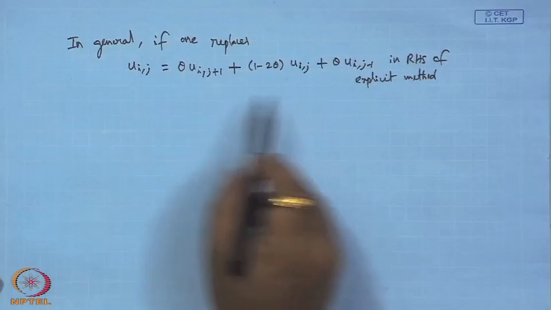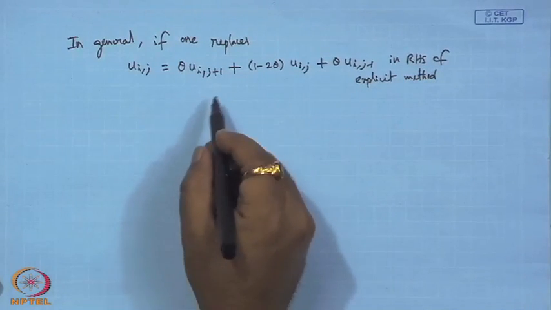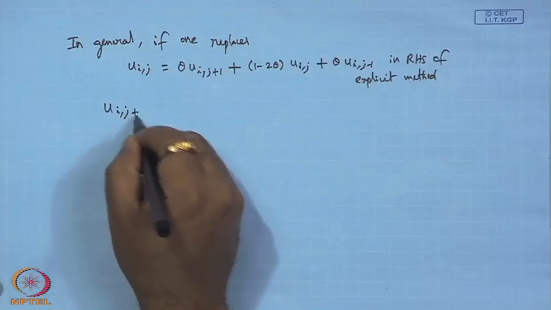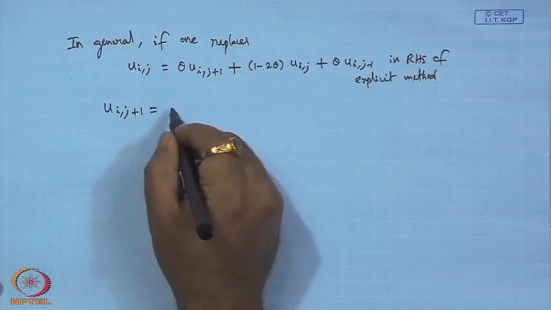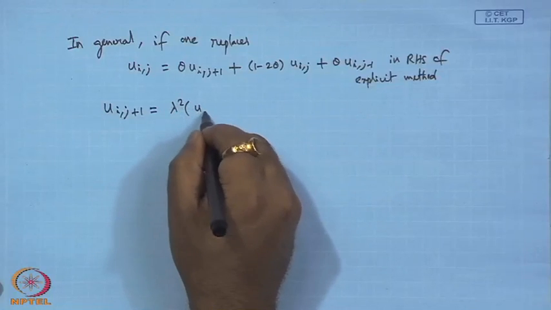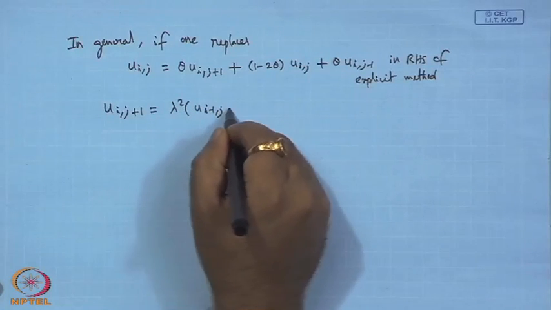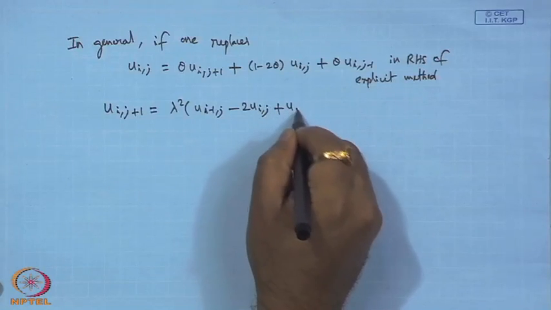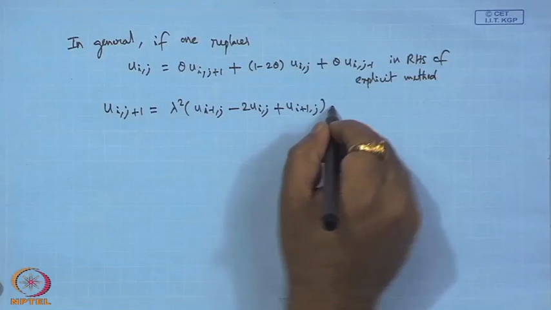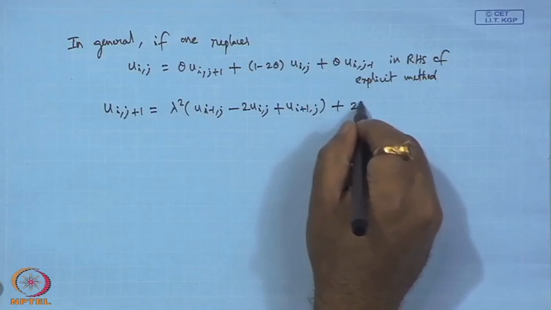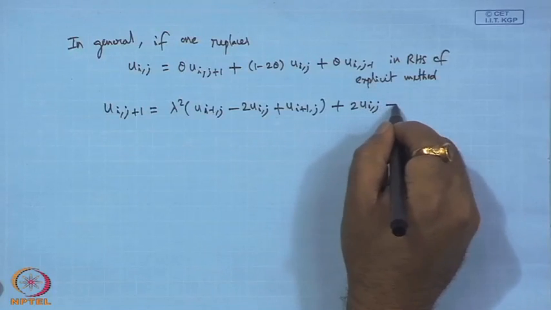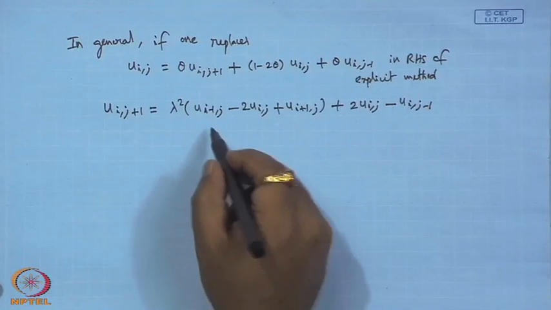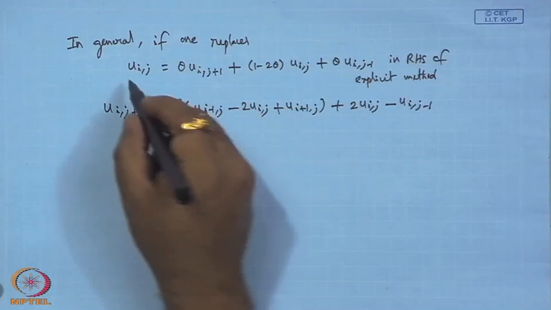Okay. So, if we consider the explicit method, so this is given by, so now each of them. So, let us call this A.